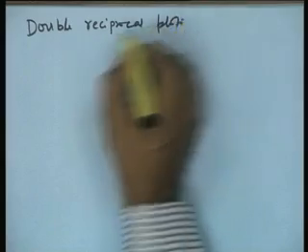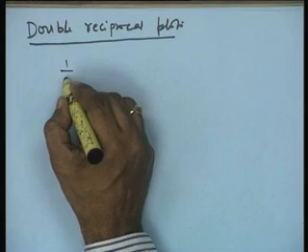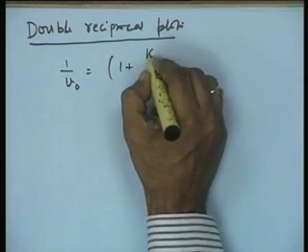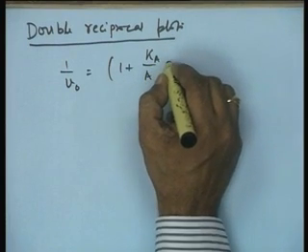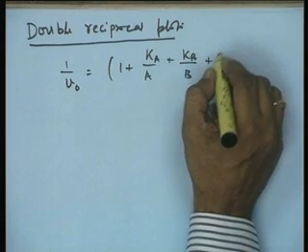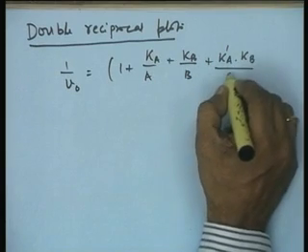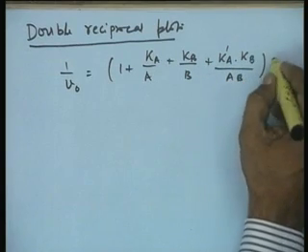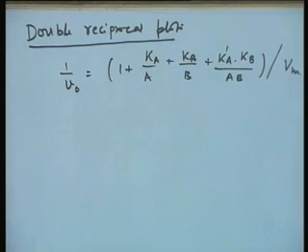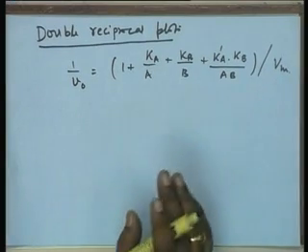Now, what will be the double reciprocal plot in the case of a generalized rate expression? One can write 1 upon V naught equal to 1 plus Ka upon A plus Kb upon B plus K dash A Kb upon AB, this whole divided by Vm. That is a double reciprocal plot. If you divide both numerator and denominator by A into B, you will get such an expression.